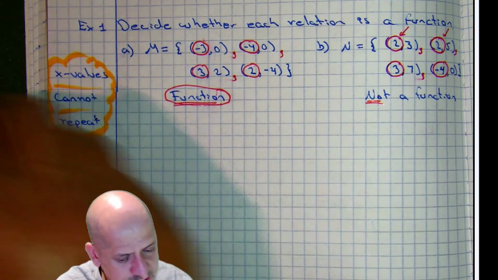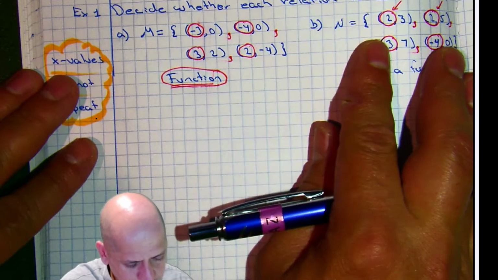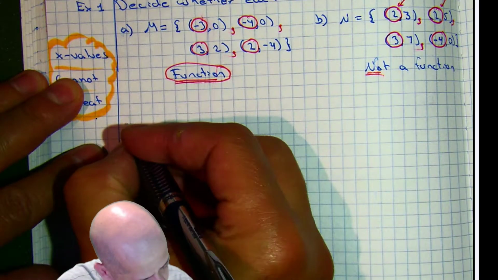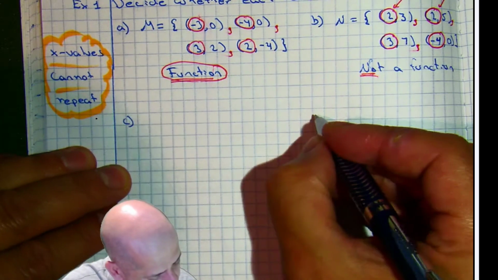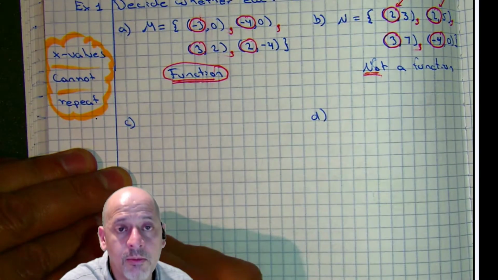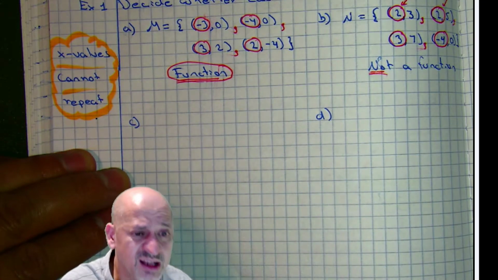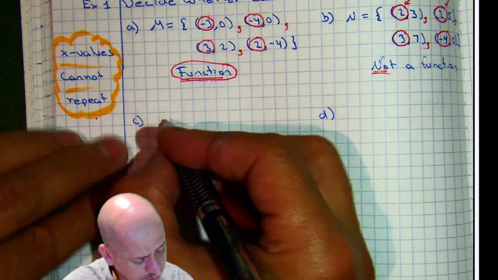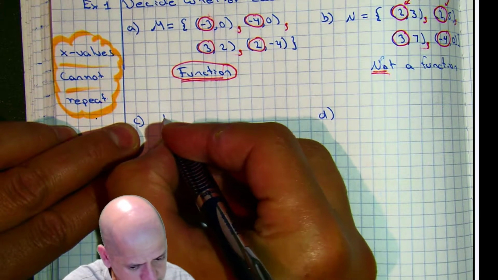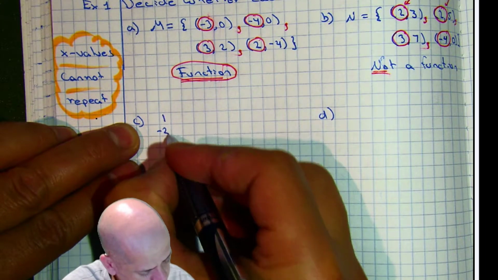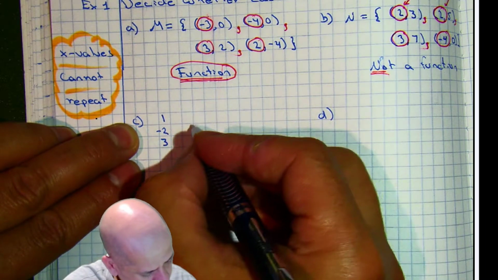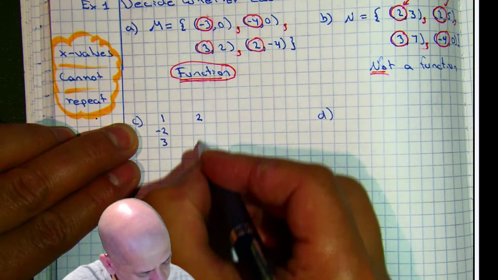So let's try letters C and D. For C and D, we are going to have a mapping. Mappings, actually, I kind of like to draw them. I prefer to place my numbers first. I'll skip 2 lines, and 2 and 4.